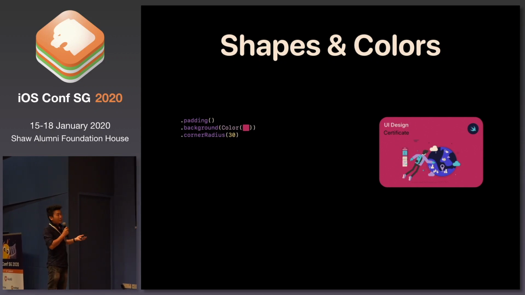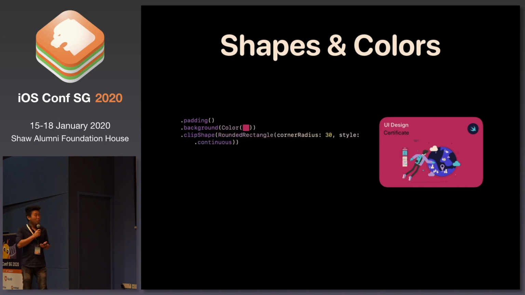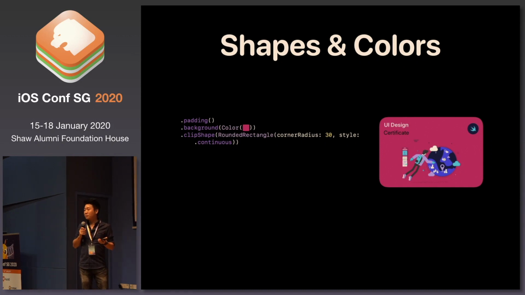So corner radius, I don't need to tell you how important that is. All I needed to do was to set a modifier called .cornerRadius, set the size of the corner radius, which is 30. But a lot of you are asking, well, how do I make my app stand out? And yes, you guessed it. Boom, the smooth corners by Apple, right? This is what's going to make your app not look like an Android app, okay?